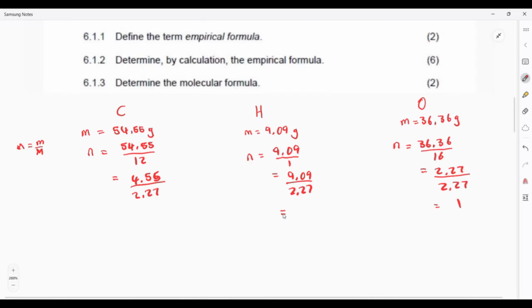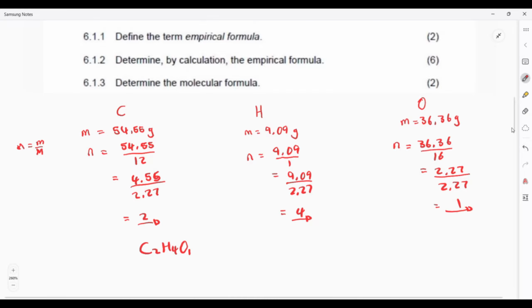And then on this side, when I see 9.09 divided by 2.27, I get a 4. And then what about 4.55 divided by 2.27? I get a 2. So these are my whole number ratios. So at the end, I have C2, H4, and then O1.